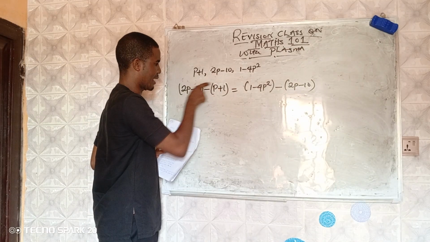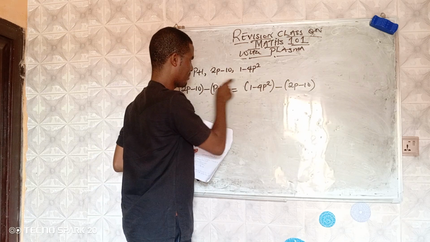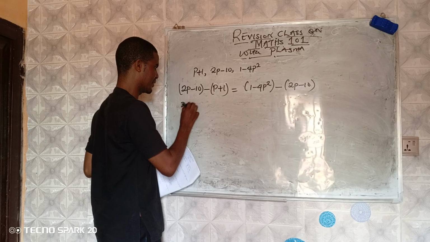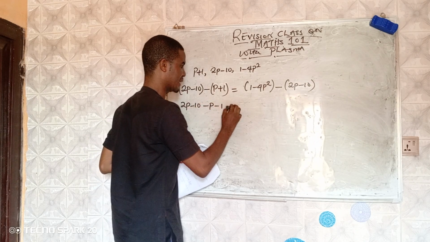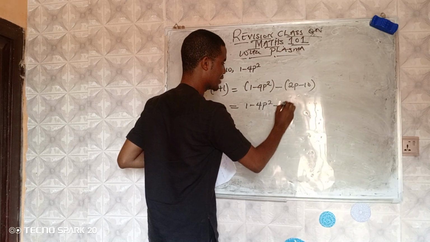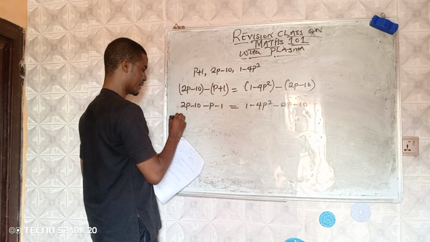That means this minus this should be equal to this minus this. So I have 2P minus 10 minus P minus 1 equals 1 minus 4P squared minus 2P minus 10. Let's collect everything this way.